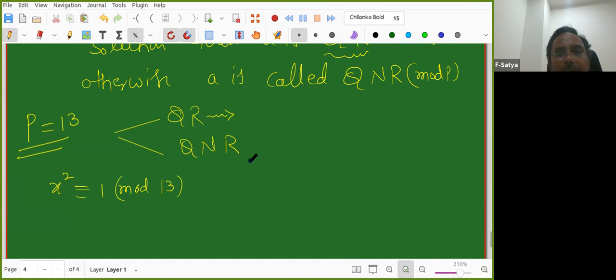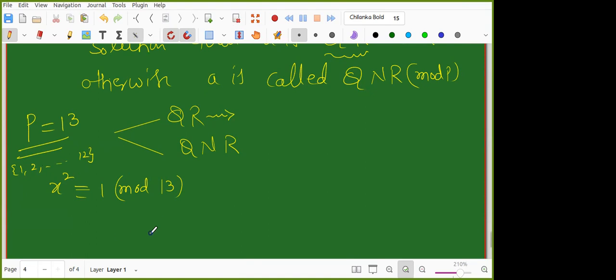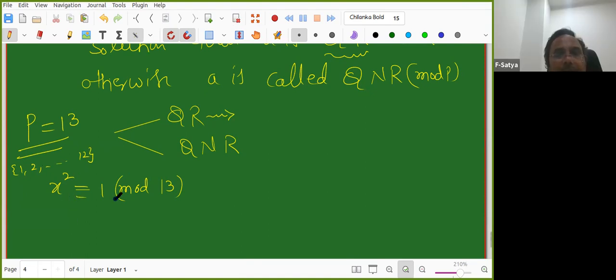What numbers do you need to take? 1, 2 up to 12. 1 satisfies. Wonderful. So this equation x² ≡ 1 mod 13 has a solution.